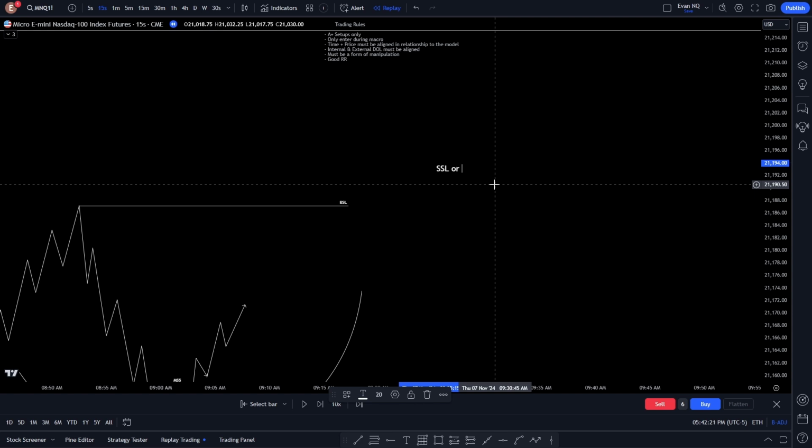Sell side or buy side, SMTs on the higher time frame, higher time frame PD arrays.